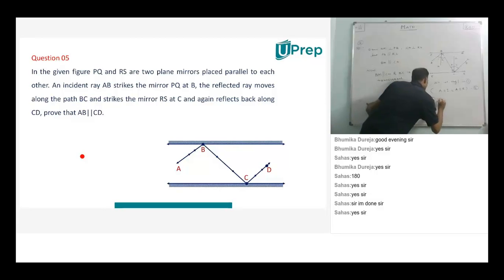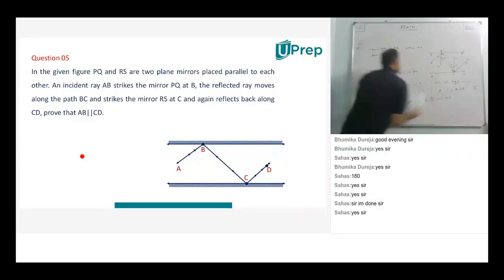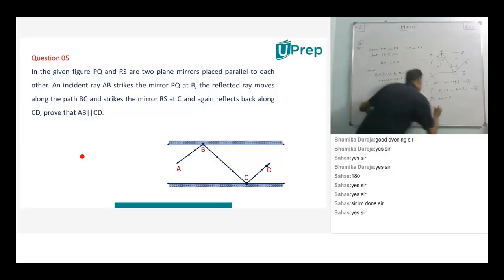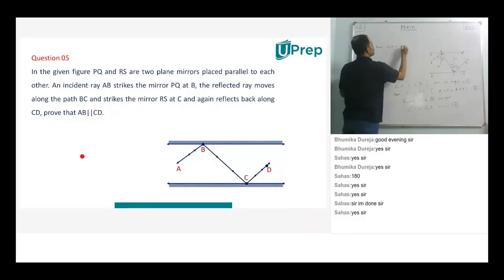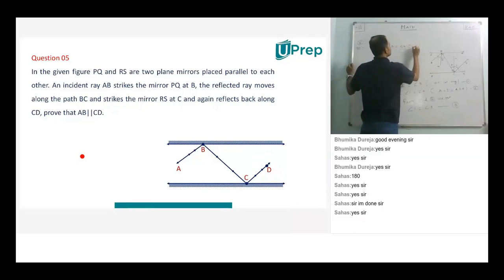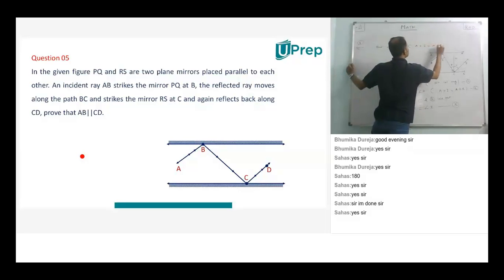From 1 and 2 we get angle 1 is equal to angle 3. Mark it as equation 3. Please copy up to there and make it fast. But angle 3 is equal to angle 4, since the angle of incidence is equal to the angle of reflection.